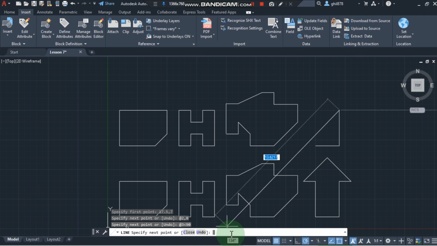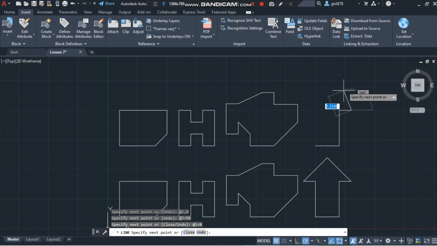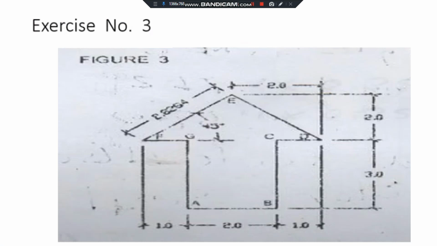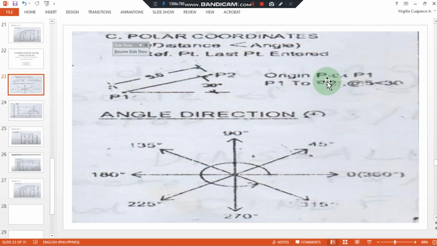Then to the right, we have at 1, angle of 0 degrees. So we will have this at 45 degrees somewhere here. So that will be 135.